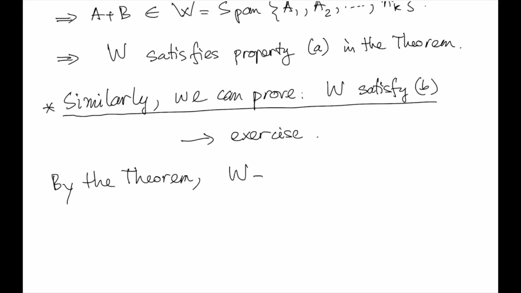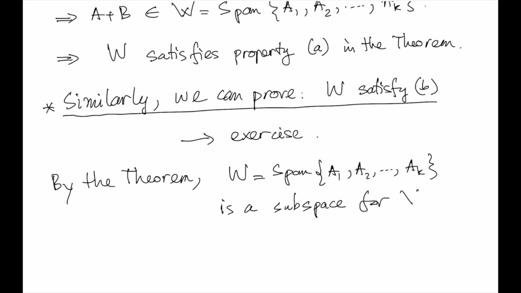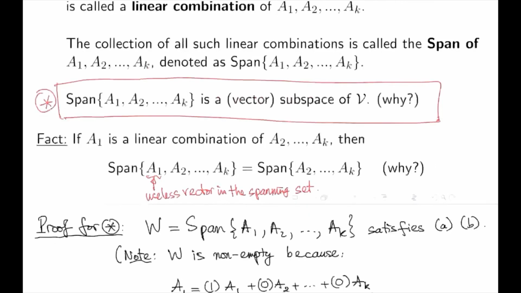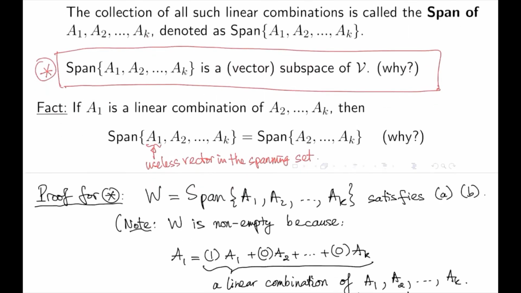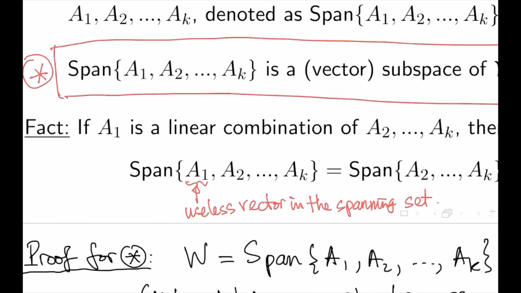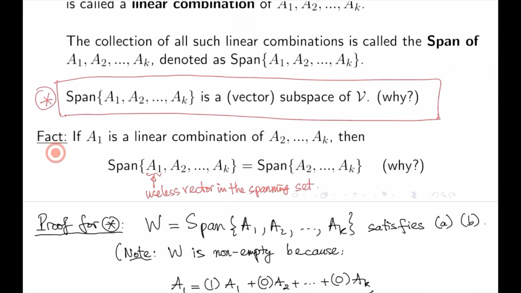I want to remind you that W, which is the span of A1, A2, ..., AK, is a subspace of V. And that's it. I would like to discuss a little bit about the fact here. This fact.